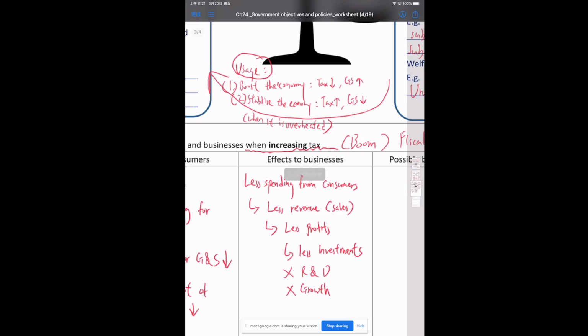And if your company is in a bad position, firms might fail.